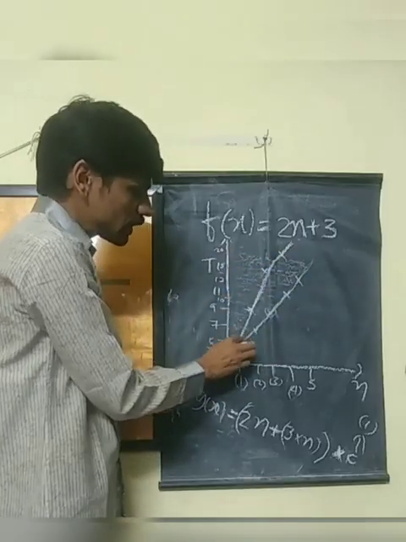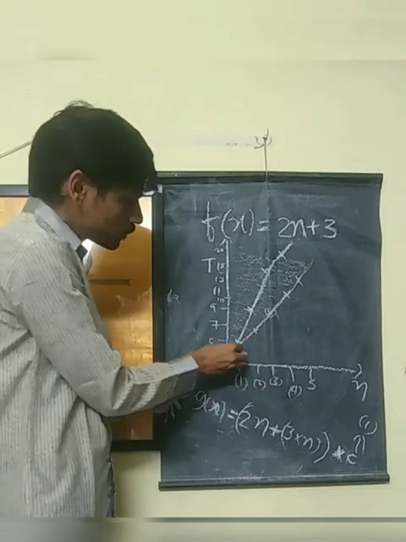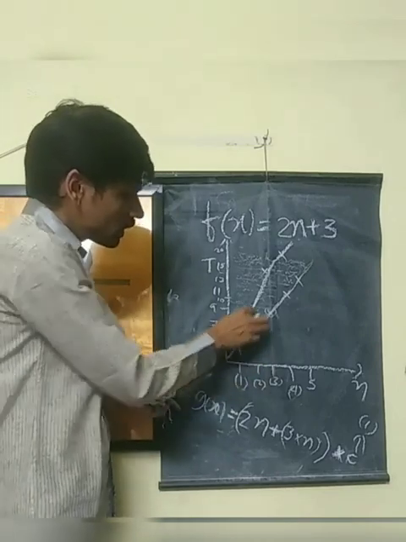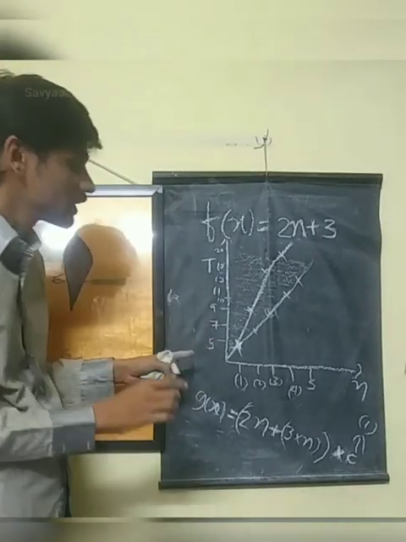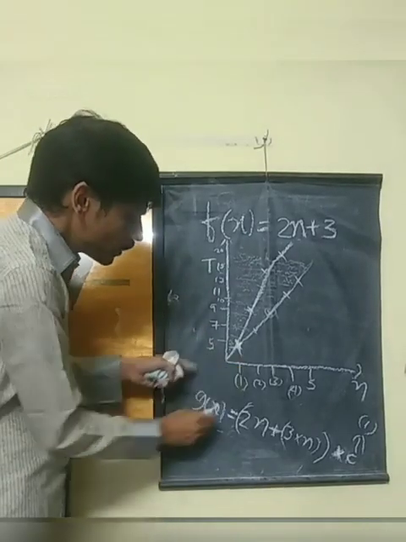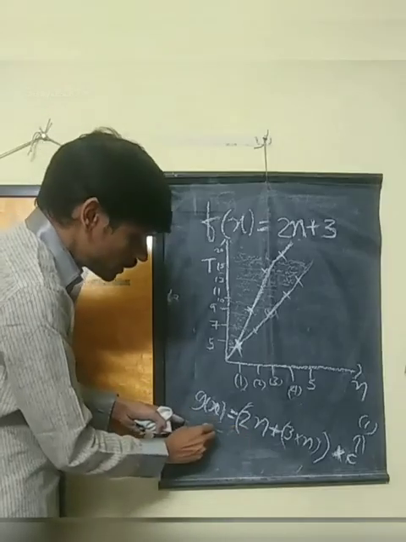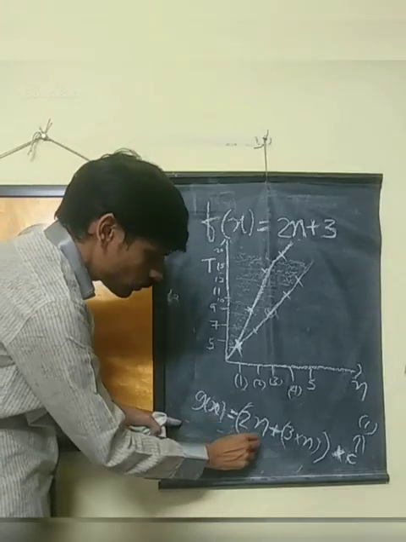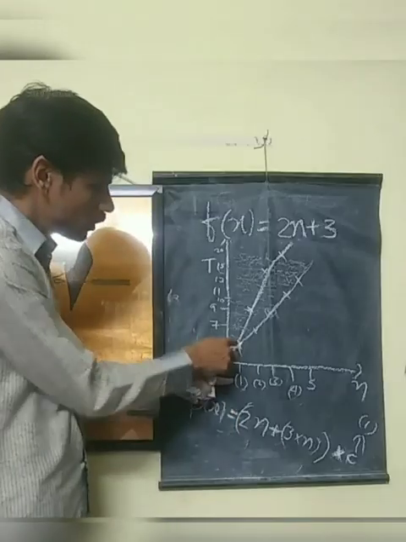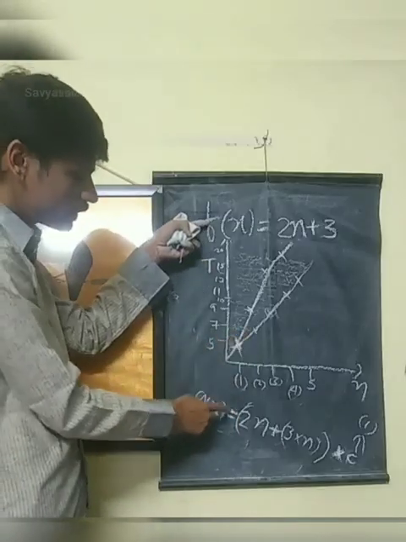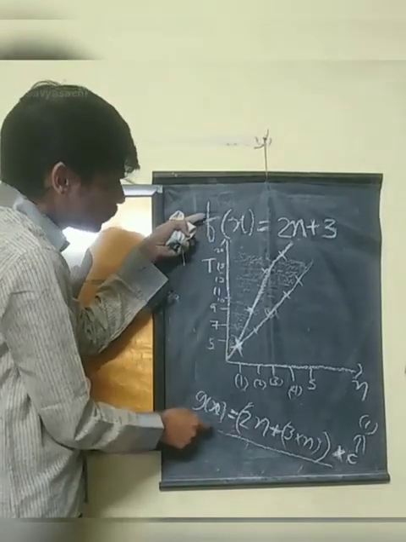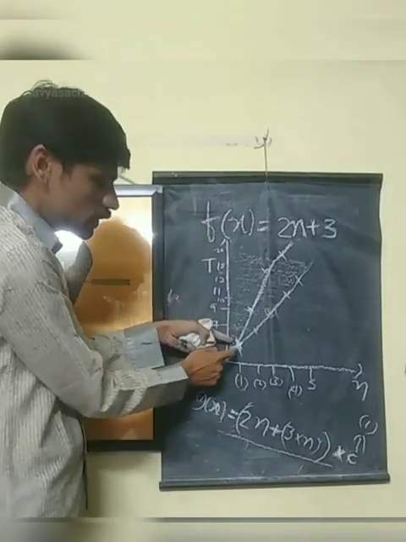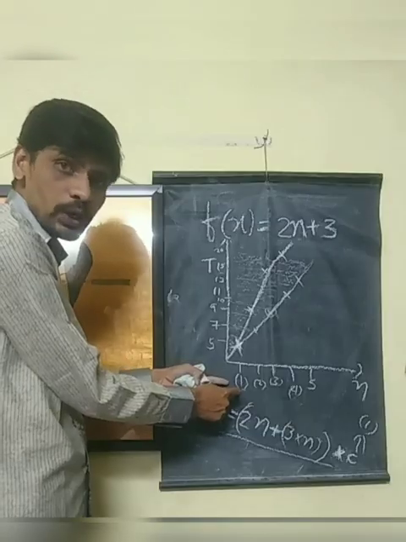Clearly, just try to concentrate here. We found g of x for the given input 1. If I pass 1, both values are the same, right? f of x and this complete statement, these two give me the same value 5 for input 1.